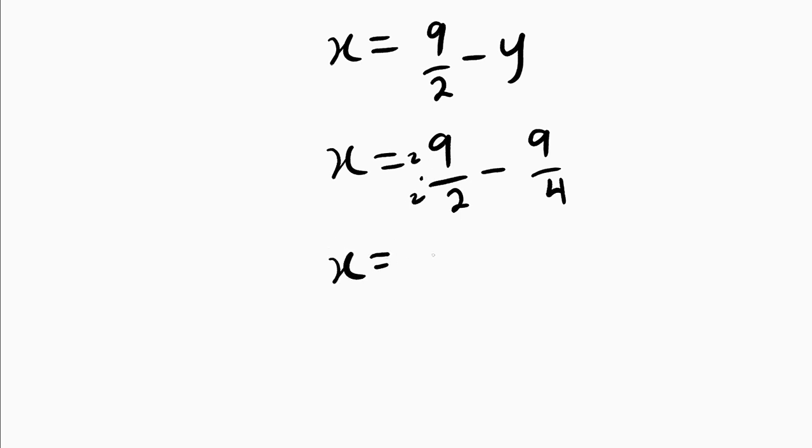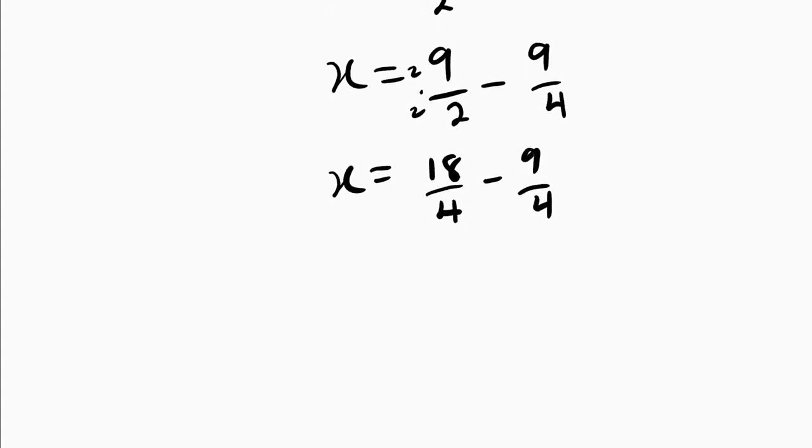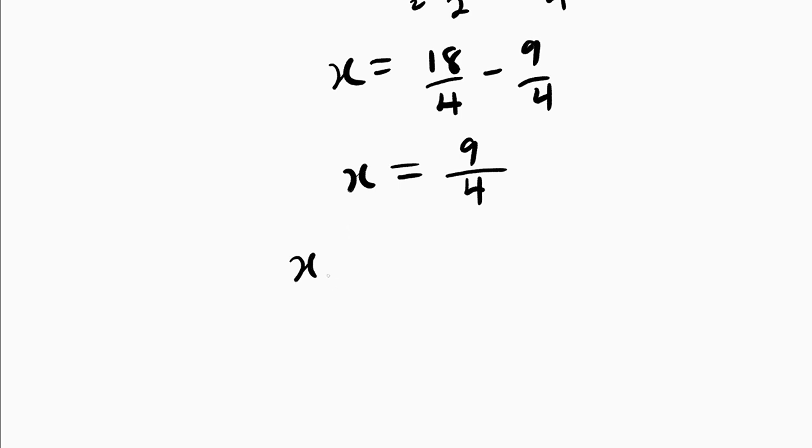So x equals 18 divided by 4 minus 9 over 4. Since the denominators are the same, we can subtract the numerators. X finally equals 18 minus 9, which is 9, divided by 4. So x and y are both equal to 9 over 4.